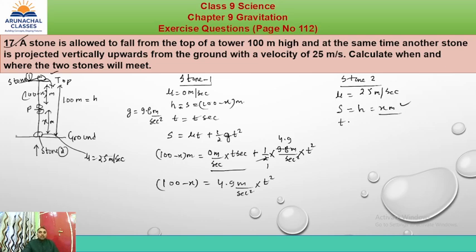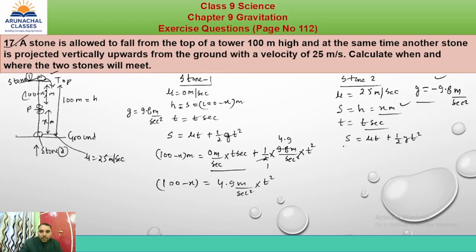The time it has taken, let it be t second, because both are reaching the same position. We have the second equation of motion, s equal to ut plus half gt square. We need to take the g value as minus 9.8 meter per second square, because the stone is thrown vertically upward, which is against the acceleration due to gravity. So that's why it is taken as minus.